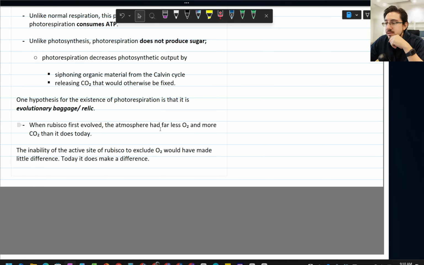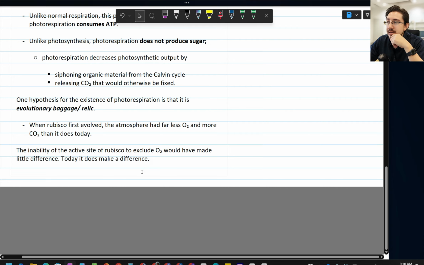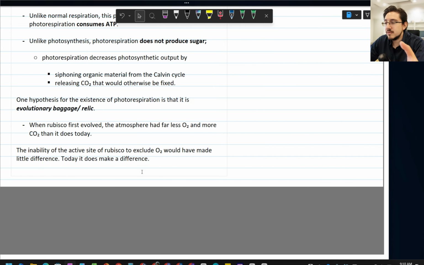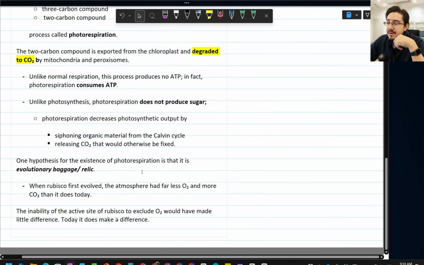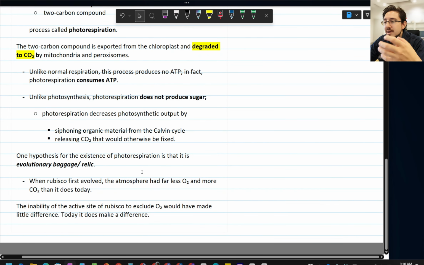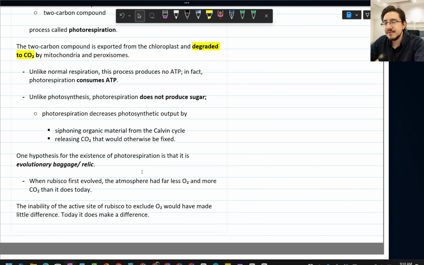So there was probably an active site of Rubisco to manipulate oxygen in a way that it could be used. So in that sense, you have this secondary process where it isn't as effective anymore.